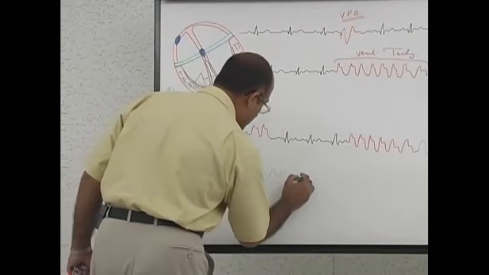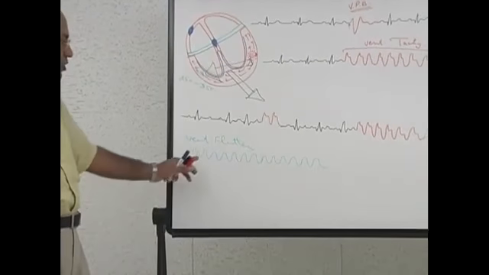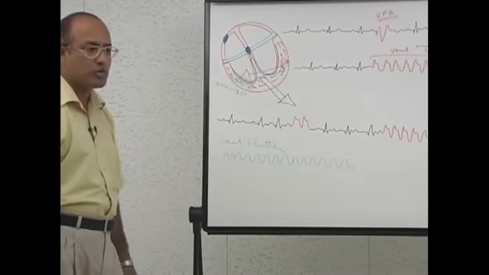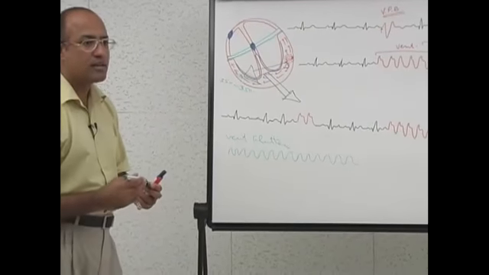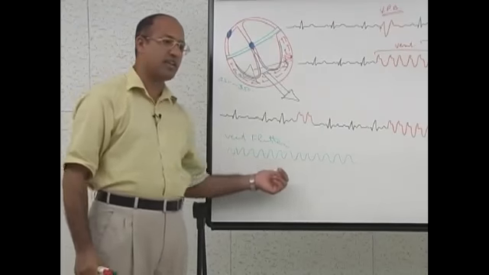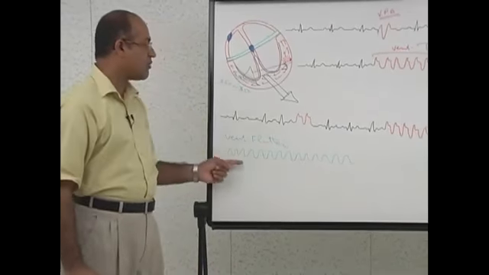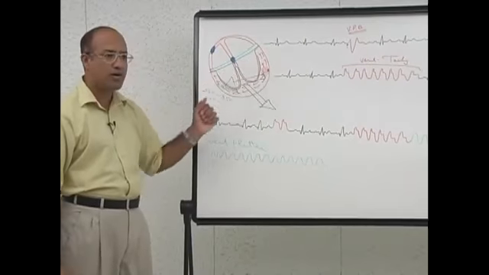But remember, if ventricular flutter continues for significant time, then the heart's mechanical activity cannot follow such fast electrical activity. This is showing the fast electrical activity, flutter activity, but mechanically the heart has failed to pump.